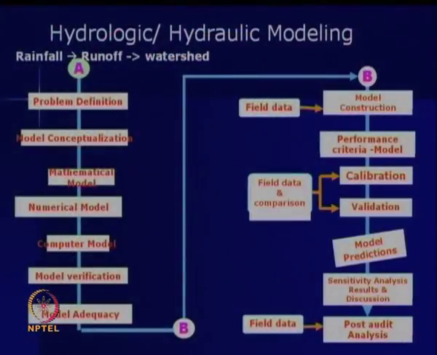Now the next step: as I mentioned, for the mathematical model, most of the time we have to solve complex partial differential equations, and we do not have analytical solutions most of the time. So, we have to go for numerical modeling. Numerical modeling means we choose a numerical technique which can be appropriately used to solve these partial differential equations like Saint-Venant's equations.